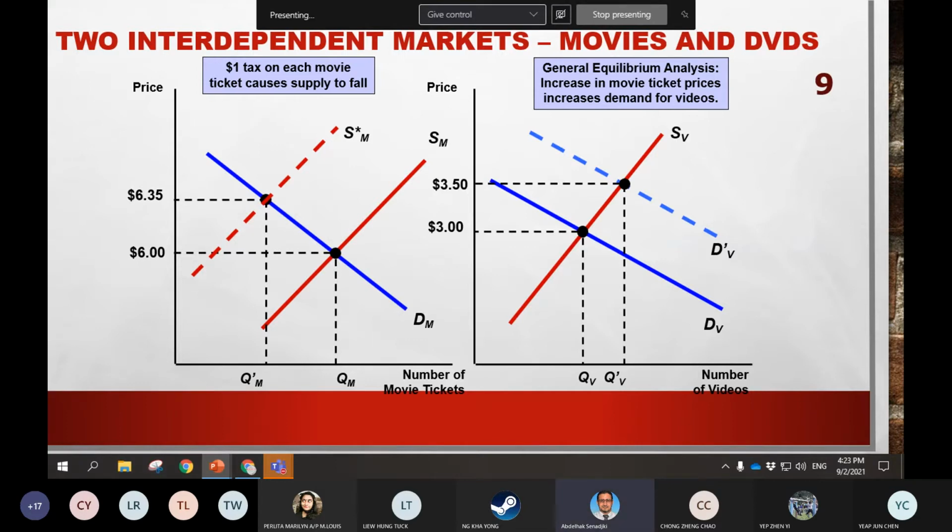So we can say that a tax on one product can affect the prices and sales of the other product, which is something that policymakers should remember and consider when they design policies. This is what I told you just now.